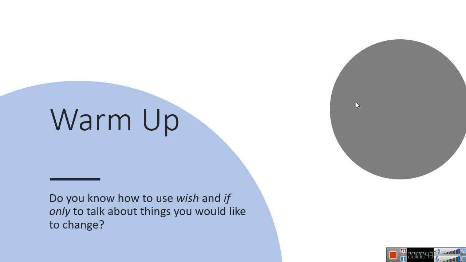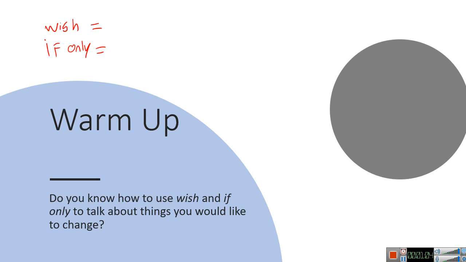So let's have a quick warm up. We're gonna talk about wish and if only. Can you please tell me what are the differences between these two? Or how are they similar?